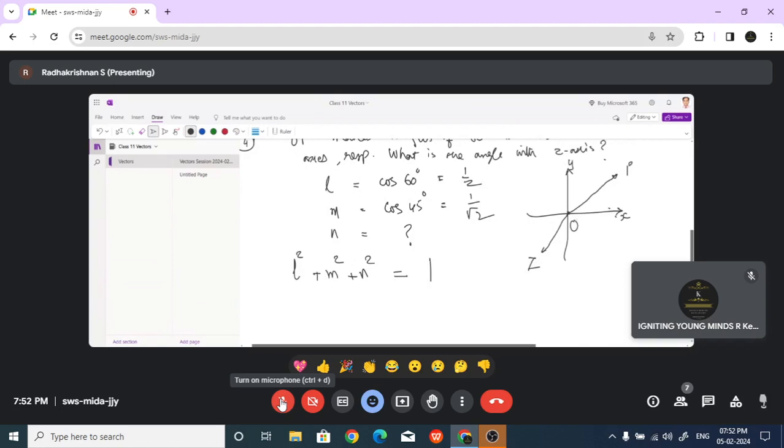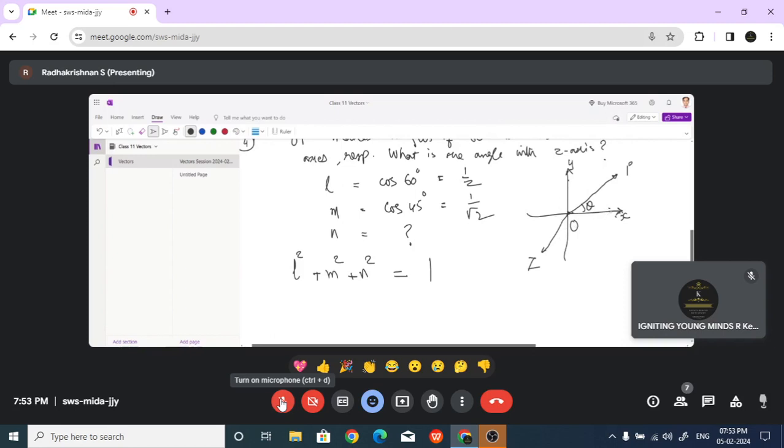It is very easy. This vector makes an angle theta with the x-axis. Therefore, the x coordinate, i, is cos theta, if it is a unit vector. Similarly, cos theta 2 will be your y, and cos theta 3 will be your z, or j and k.